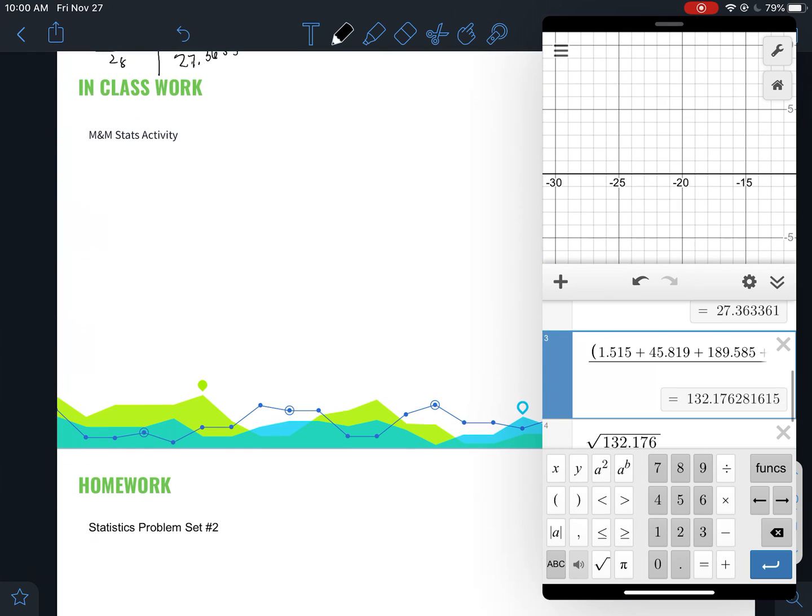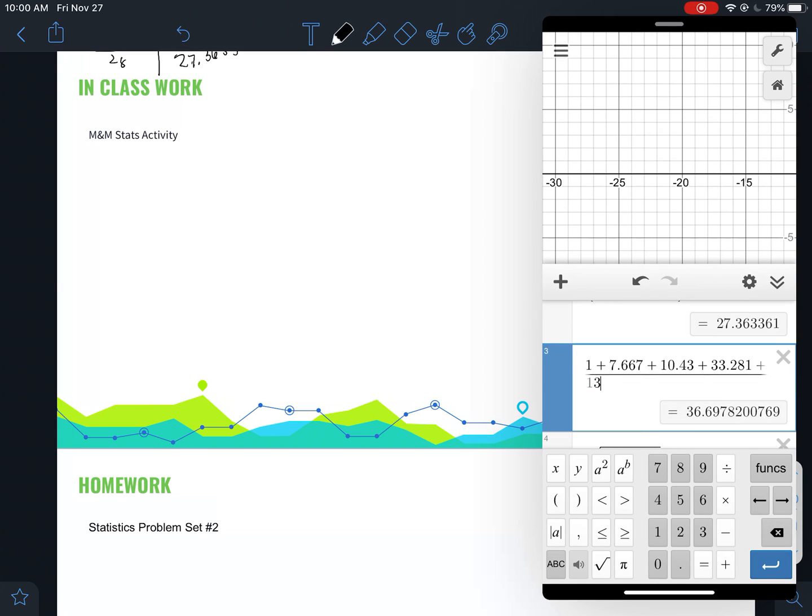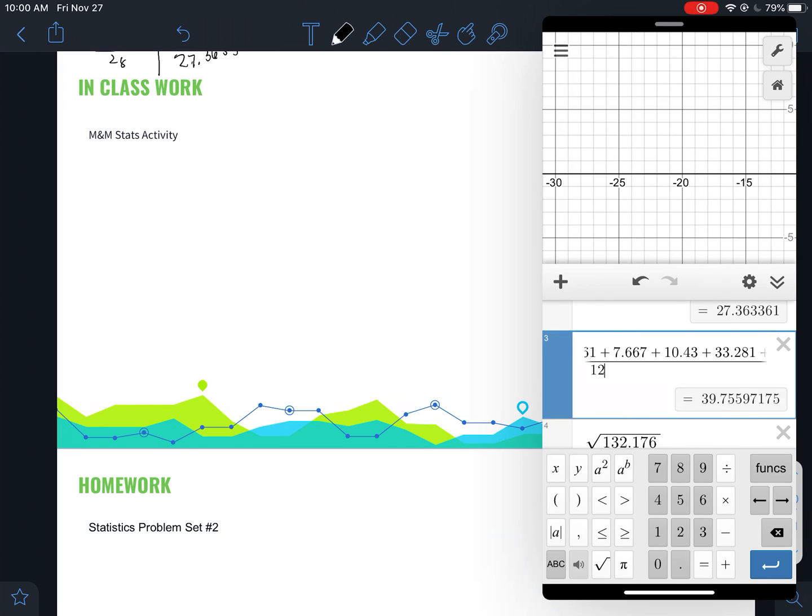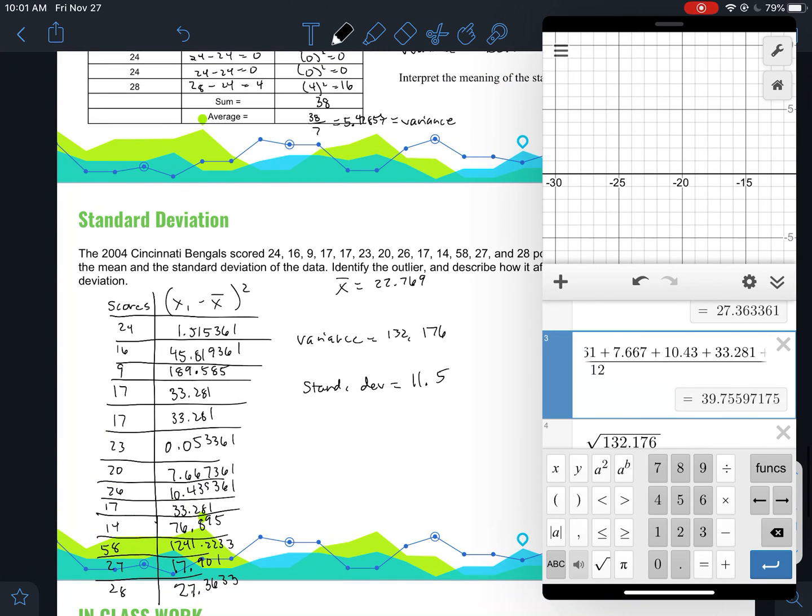So if we got rid of the outlier, which was the big number here, let's go all the way to the end and get rid of that outlier number. And then instead of dividing by 13, we'll divide by 12. So if we got rid of the outlier, the variance would be 39.76.